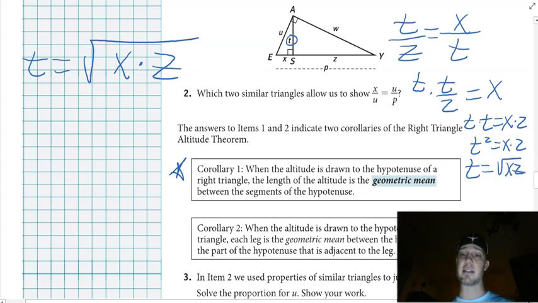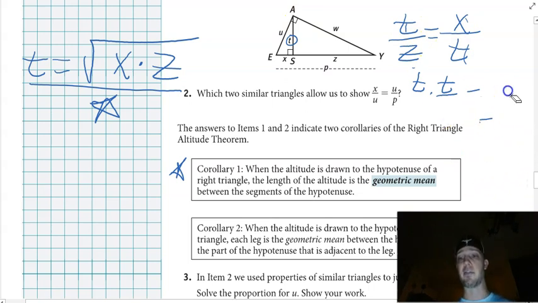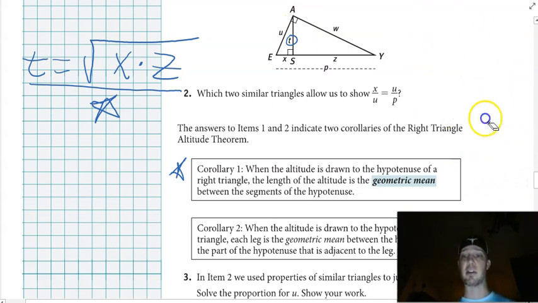Hey, look, that's the exact same thing that we just got over here. This was much shorter. It just said t is the geometric mean of x and z. It's a shortcut. We could redraw all of our triangles, figure out which pieces correspond, set up and solve, but that took a minute and a half or so, whereas just writing down the geometric mean took maybe 10 seconds.